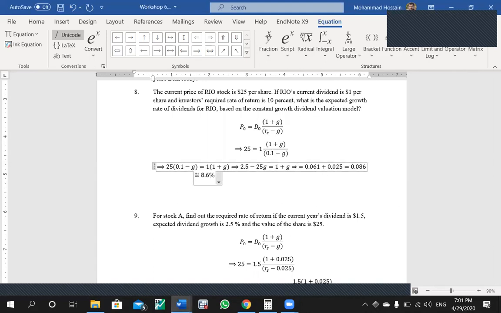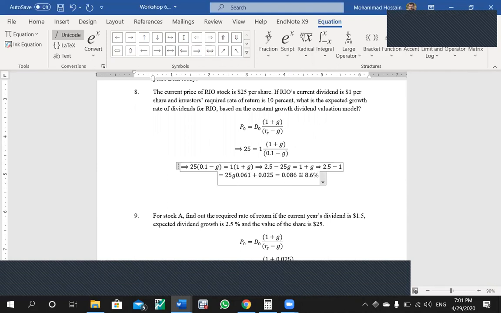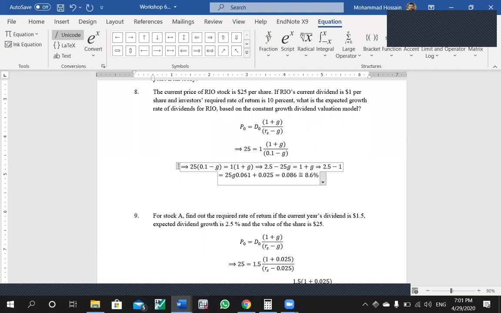Okay, let's move on. If we change the side, it will be 2.5 minus 1 is equal to 25G plus G, which is 26G.